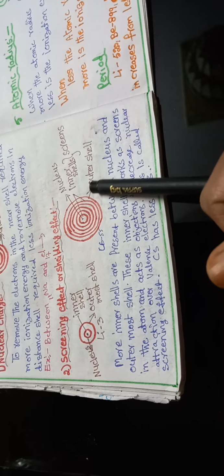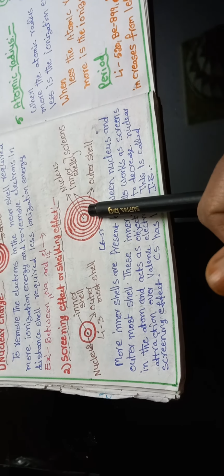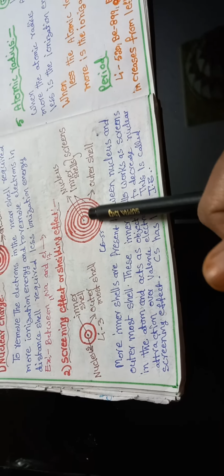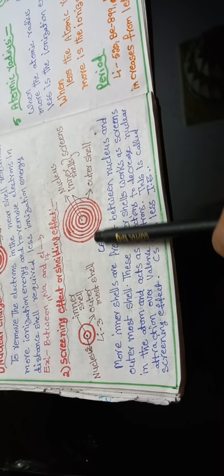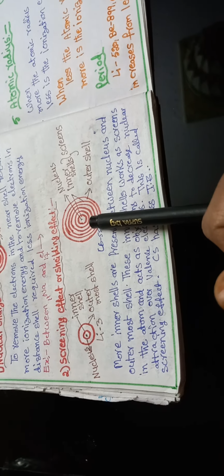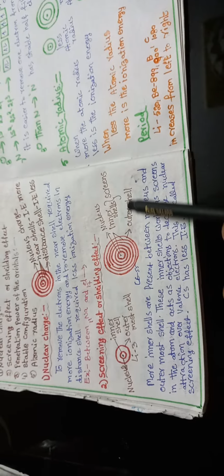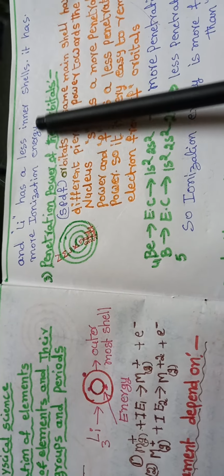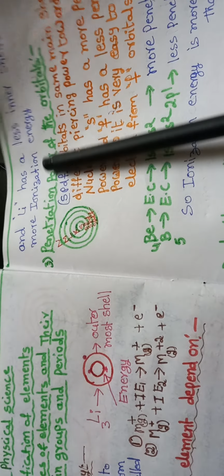Between the nucleus and outer shells, the inner shells act as screens, an obstruction that decreases nuclear attraction over valence electrons. So cesium has less ionization energy, and lithium has fewer inner shells, so it has more ionization energy.